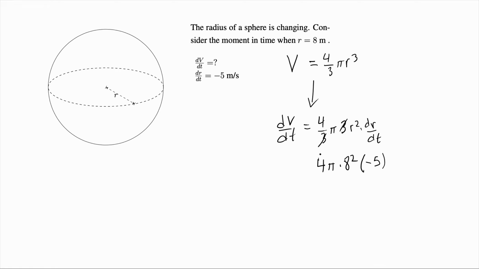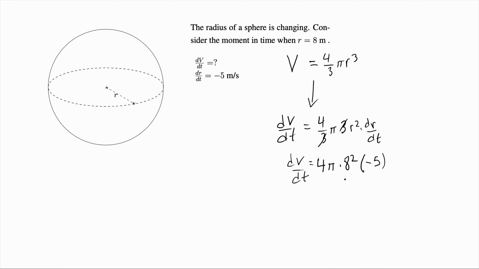I'll forgo the units here and we can just get the units at the end. dV/dt is what we're looking for. All right, so 8 squared is 64, 4 times 5 is 20, of course there'll be a negative.